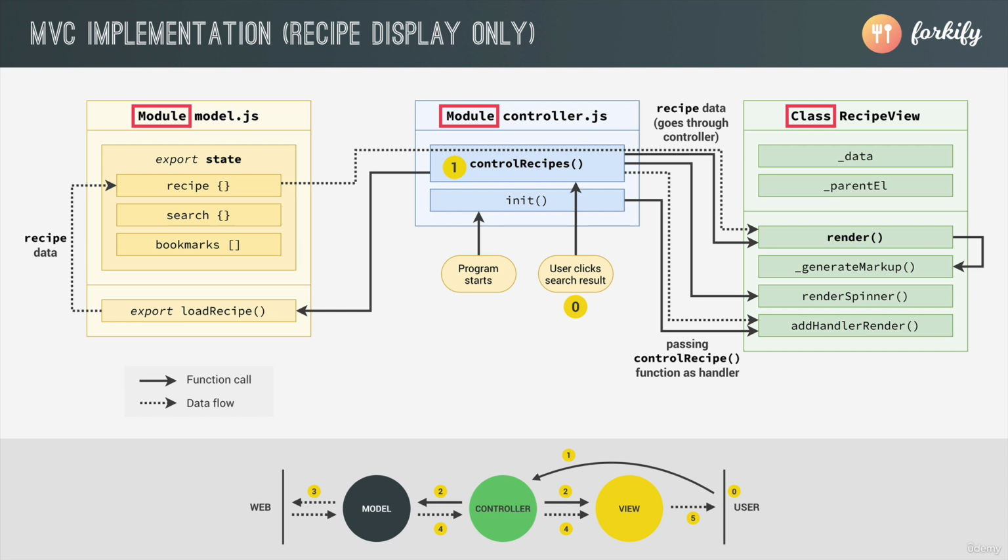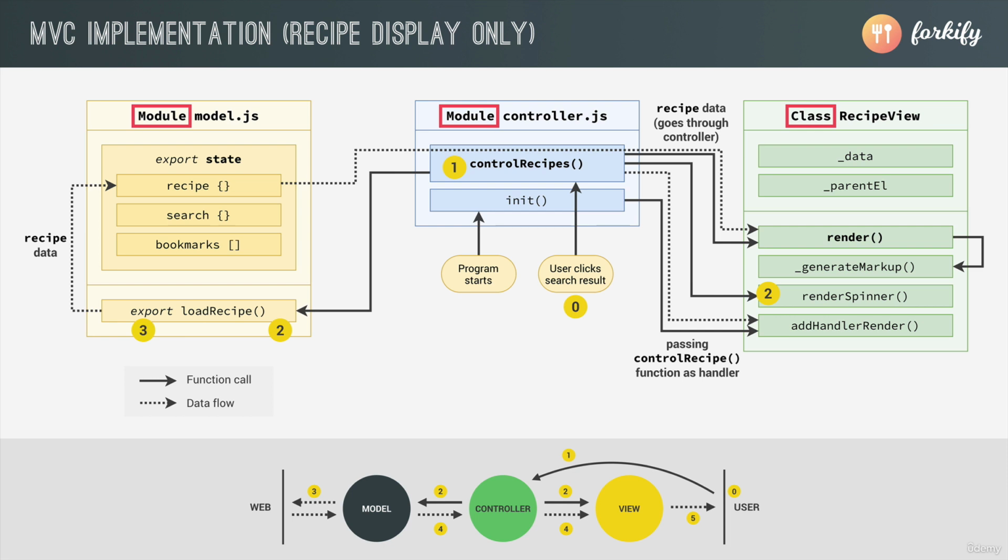And how exactly that happens doesn't matter for now, so we will come back to this later. What matters is that this controller will instruct the recipe view to render a loading spinner while the user interface waits for the data to arrive.